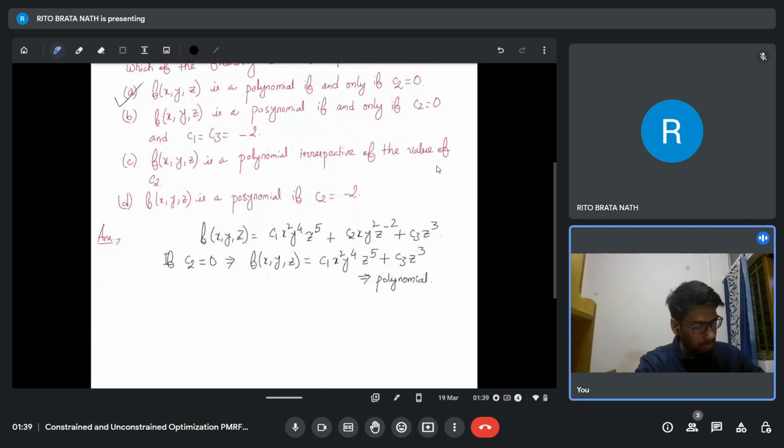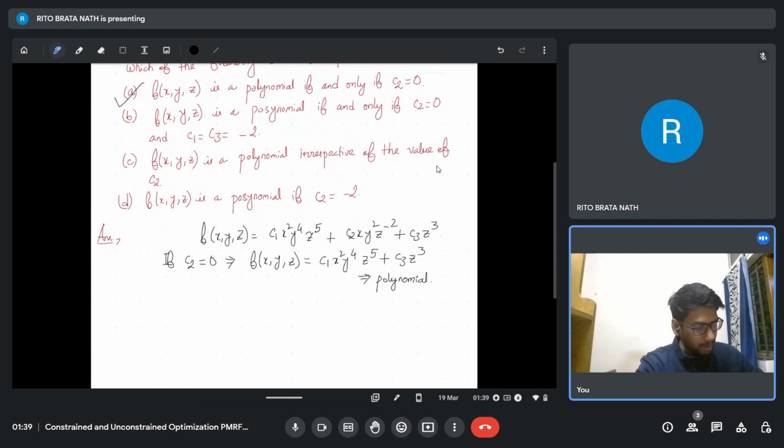So A is true. Then option B says that it is a polynomial if and only if c2 equals 0 and c1 c3 equals minus 2. As we have seen, for c2 equals 0 it's a polynomial. So even if you set c1 and c3 to minus 2, it will remain a polynomial. So option B is not true. Option C says that it is a polynomial irrespective of the value of c2.